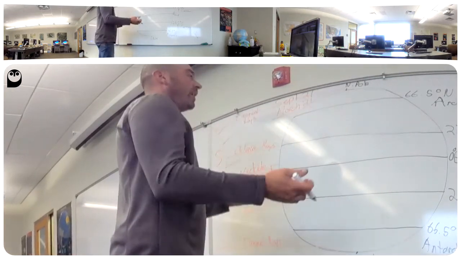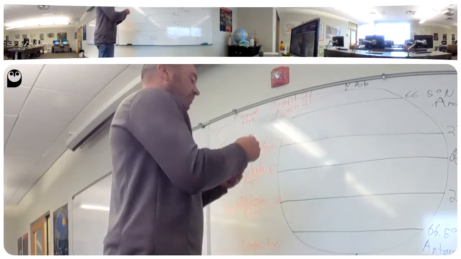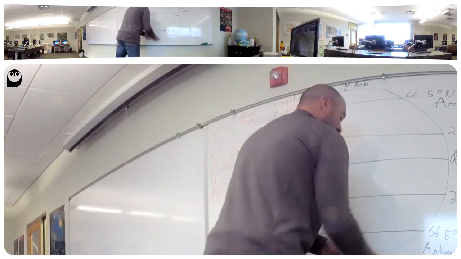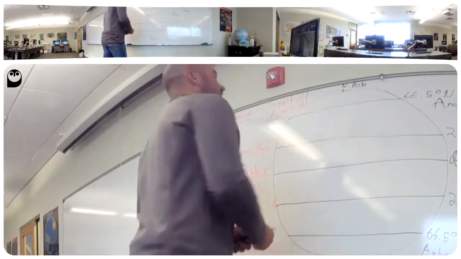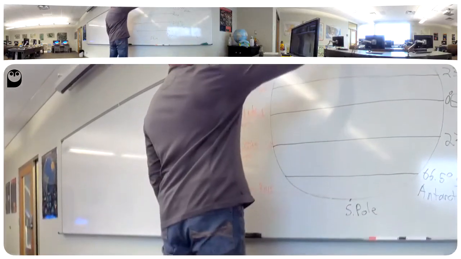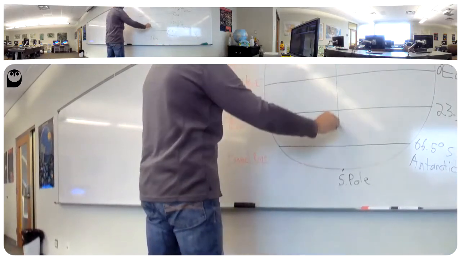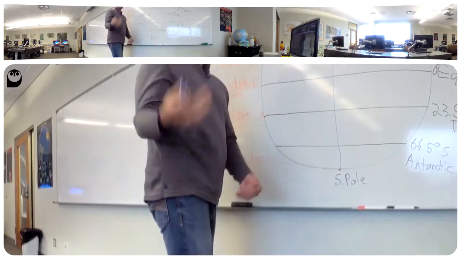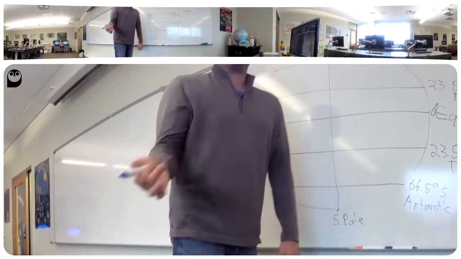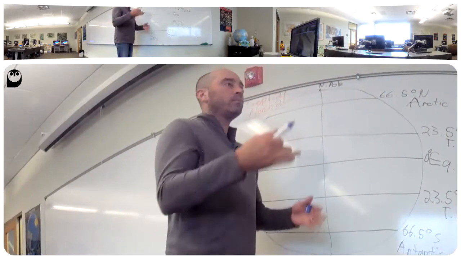The circle of illumination, again, is telling us where it's daylight and where it's night, okay? The circle of illumination is going to be drawn from the North Pole down to the South Pole, again, because we have 12 hours of daylight, 12 hours of night, right? Equal.